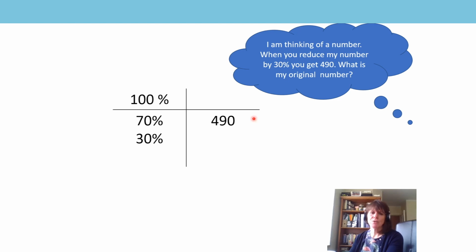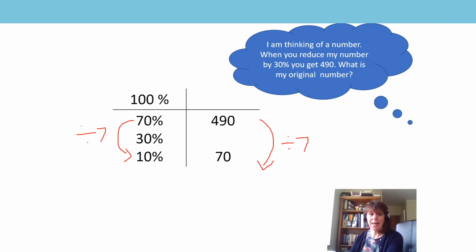And then I'm going to use 70% of the original number to find 10%. So I need to divide 70% by 7, and therefore I need to divide 490 by 7, and 49 divided by 7 equals 7. 49 tens divided by 7 equals 7 tens. 490 divided by 7 equals 70.